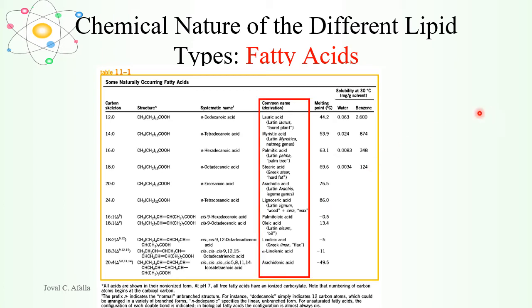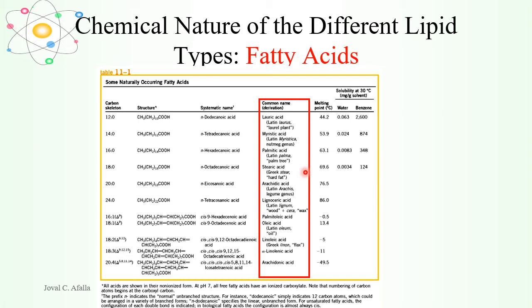Here's some interesting trivia on how the names have been derived. Lauric acid was derived from the laurel plant. Myristic acid from myristica, which means nutmeg. Palmitic acid obtained from palm tree. Stearic acid, supposedly from the Greek word steer, which means hard fat.